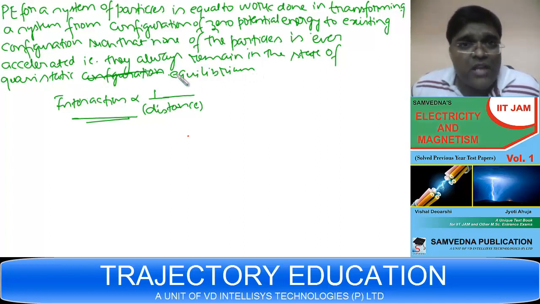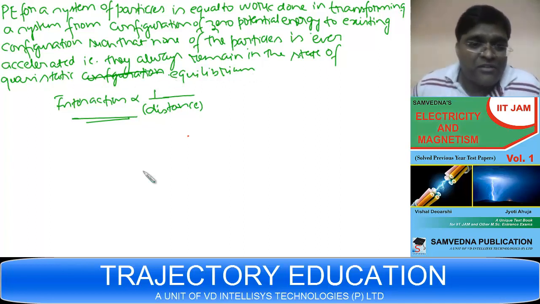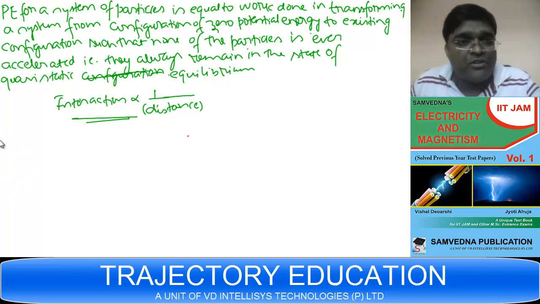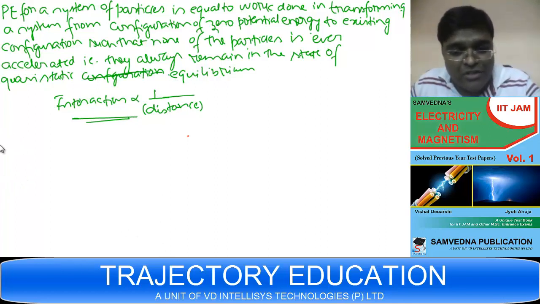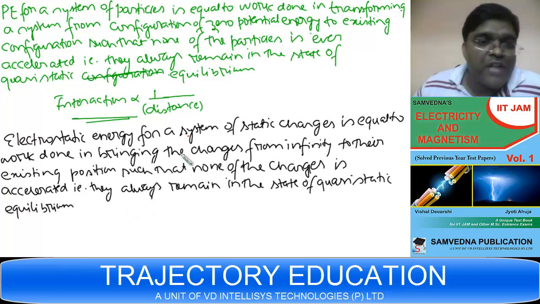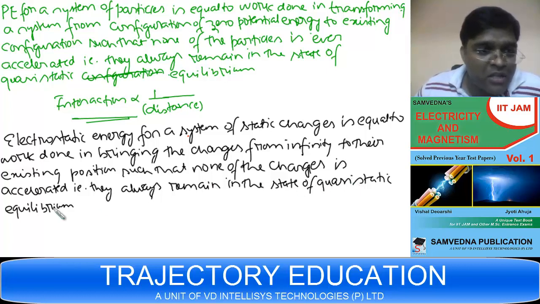Now let me come to the electrostatic system. Potential energy for an electrostatic system is called electrostatic potential energy, or simply electrostatic energy. So I'll say electrostatic energy for a system of static charges is equal to the work done in bringing the charges from infinity to their existing position such that none of the charges is accelerated, or they always remain in the state of quasi-static equilibrium.